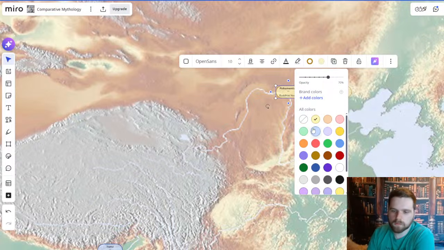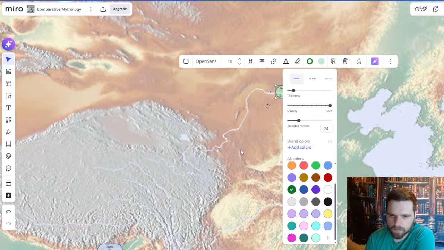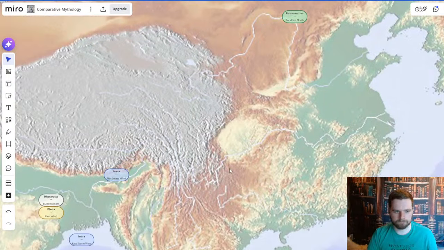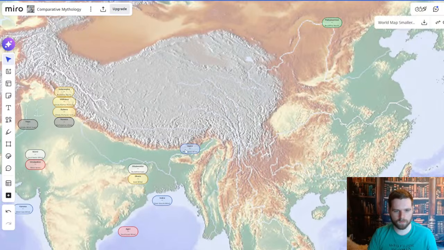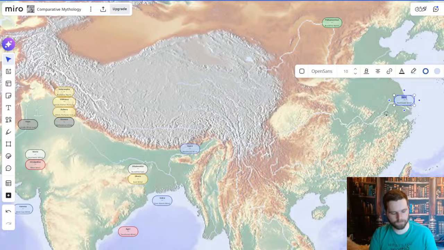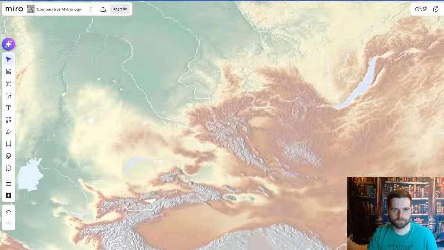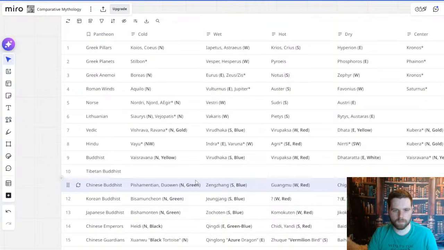I will still color these the way that they say they're colored. If they do have a color, I will make it their color. All right, so blue in the east. Hopefully I'm not spelling stuff too wrong here.